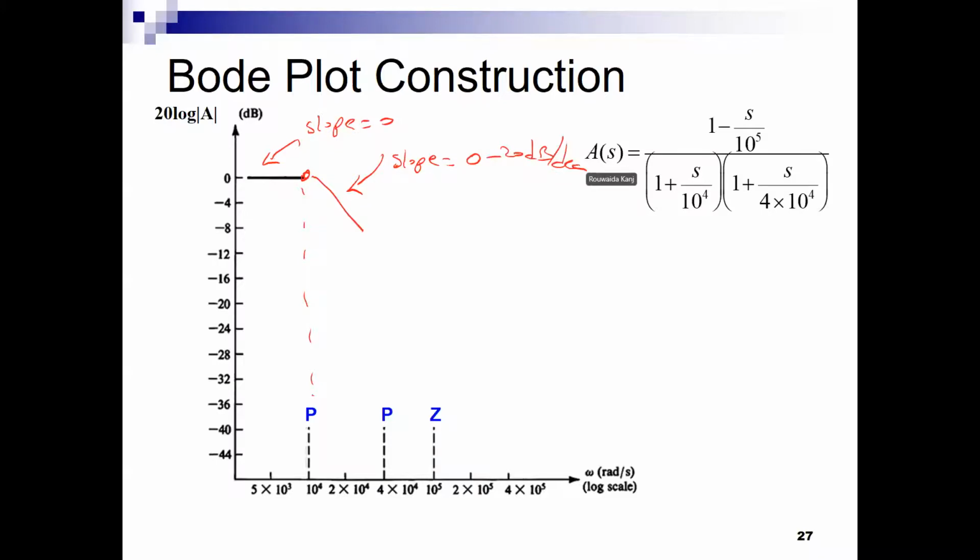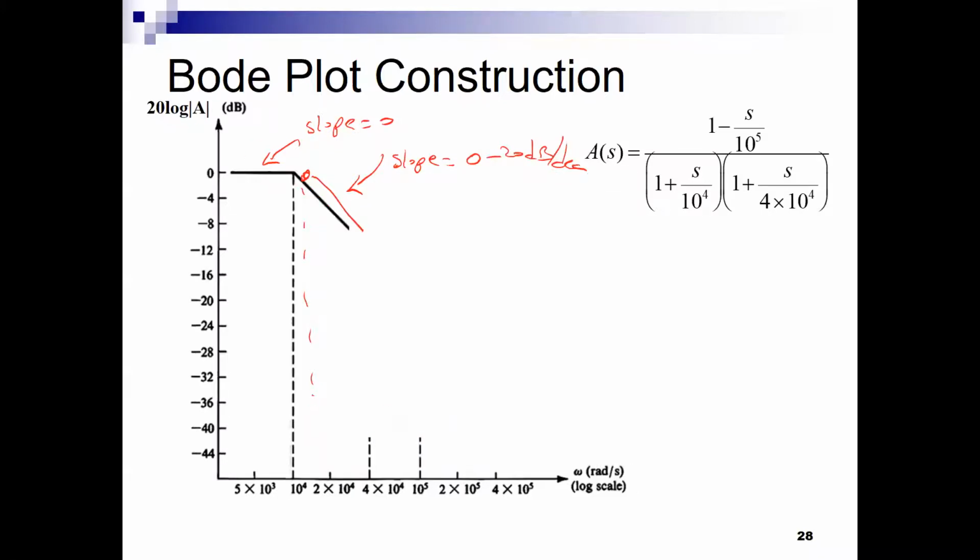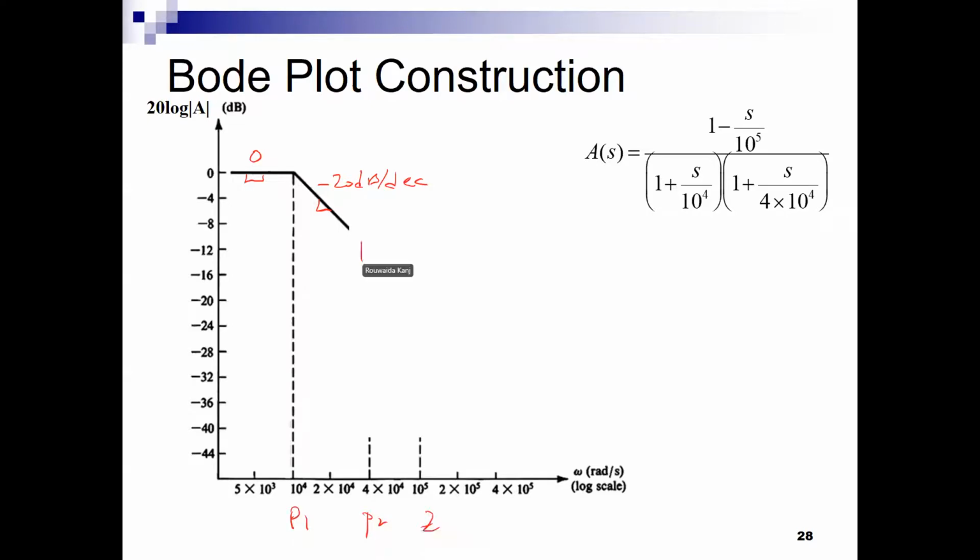Okay, great. So this is what this second slide is showing us. It's showing us that I hit a pole, and this slope is minus 20 dB per decade, and the slope here was 0. Okay, now when I hit the second pole, so this is pole 1, this is pole 2, and this is the 0. When I hit the second pole, what should the slope become?